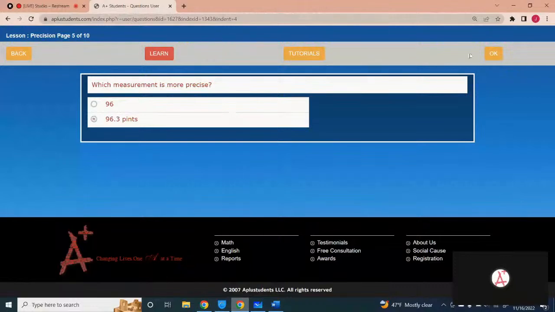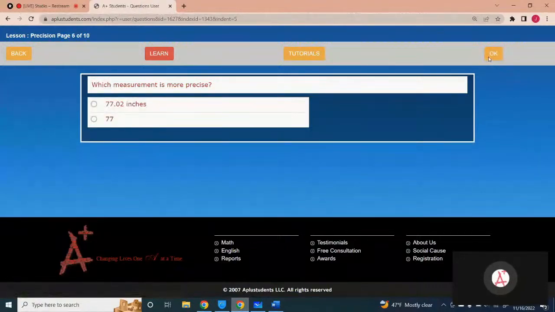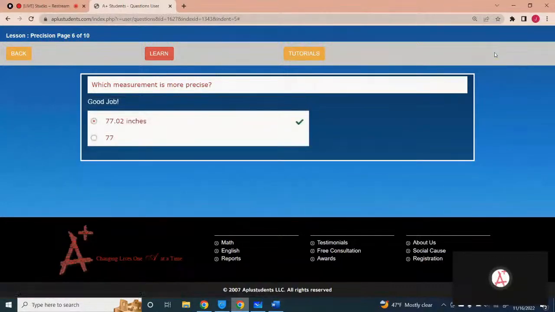Just select the correct option and then click on the OK button. Okay, which measurement is more precise? It would be 77.02 inches. Very good. Just select the correct option and then click on the OK button.